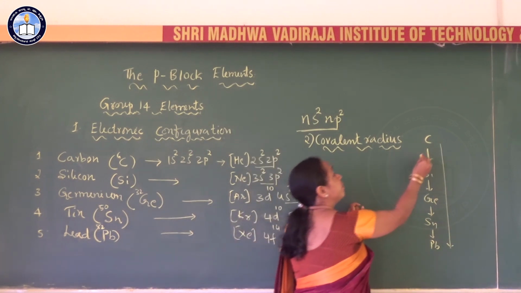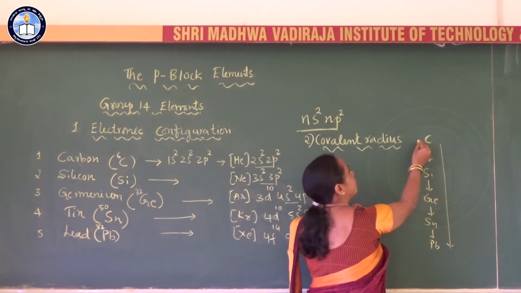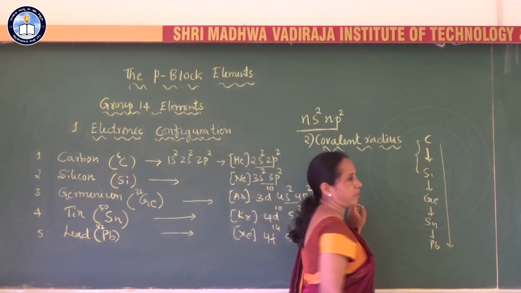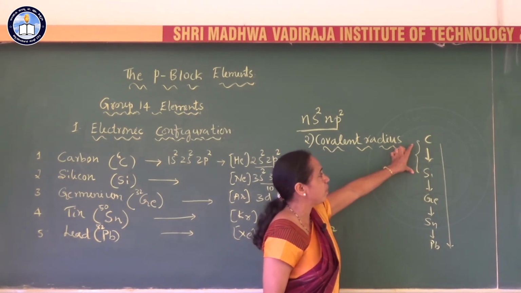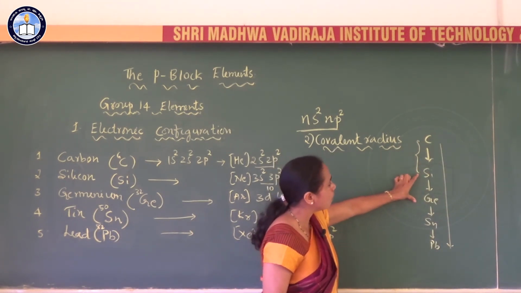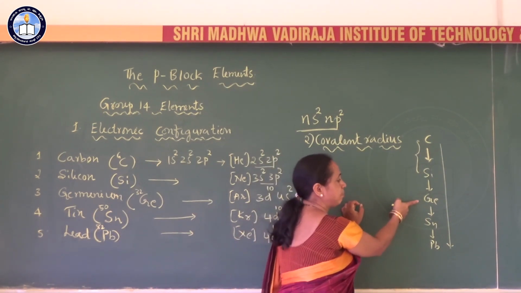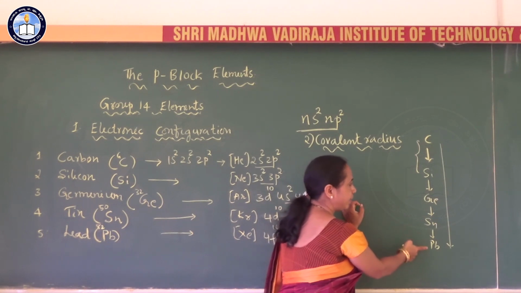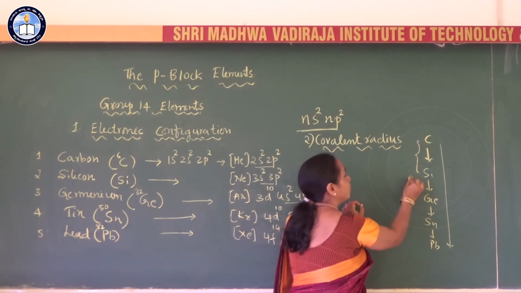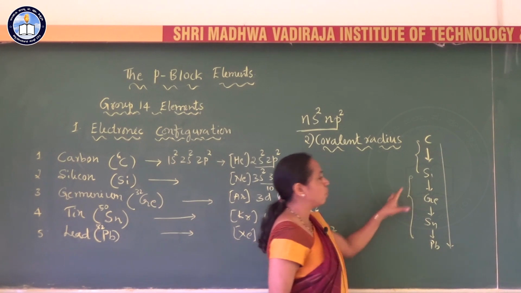But there is a significant increase as we move from carbon to silicon. A large increase we are going to observe. But from silicon onwards, as we descend from silicon to germanium, germanium to tin, and tin to lead, there is no such large increase in covalent radius.